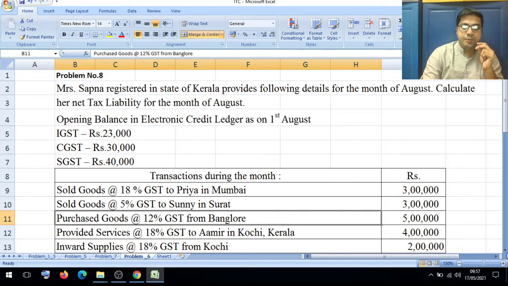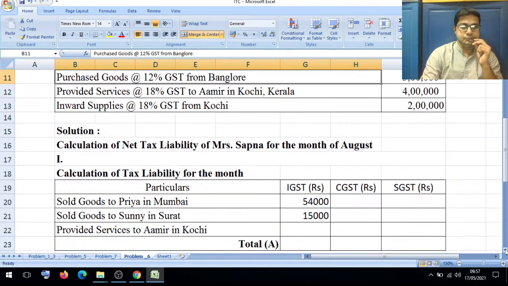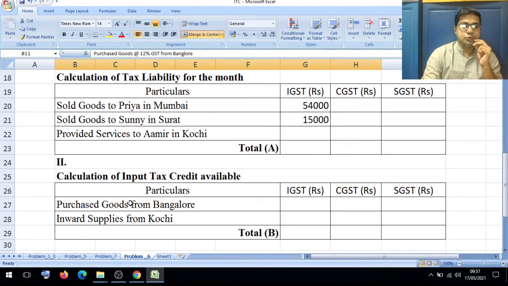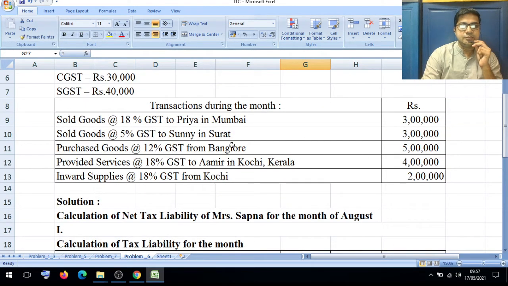So at the time of purchase, we have to show it in input tax credit available. We have to find out the value of tax on the goods purchased from Bangalore. It is considered as IGST on 5 lakhs.